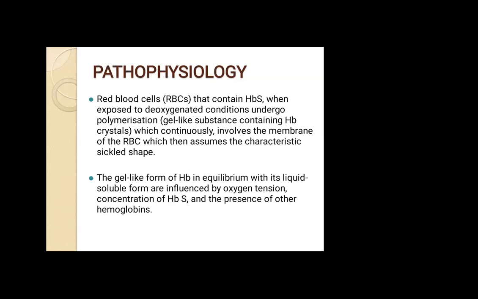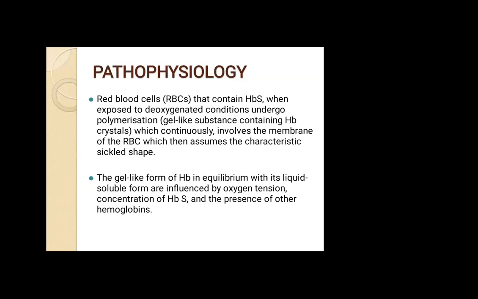And we realize that there is a kind of equilibrium between the formation of the polymerized gel substance and the reduced oxygen tension. If the decrease in oxygen is not so severe, there will be that equilibrium, and the sickler will not exhibit any symptoms at that moment.